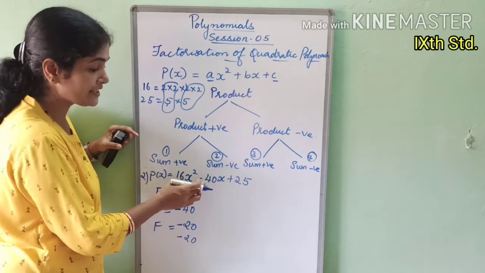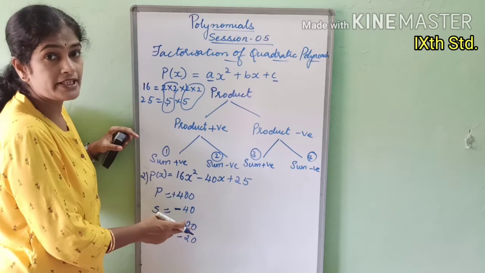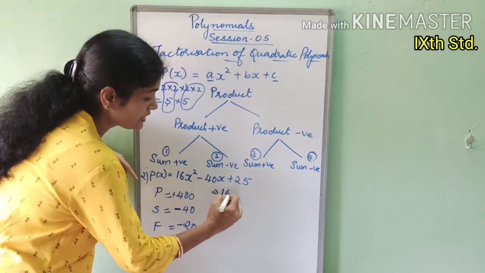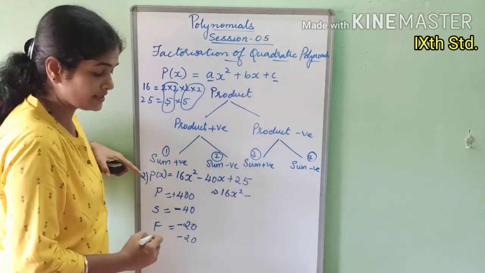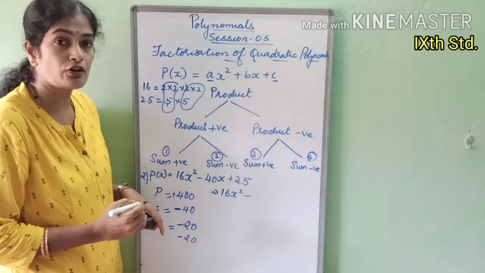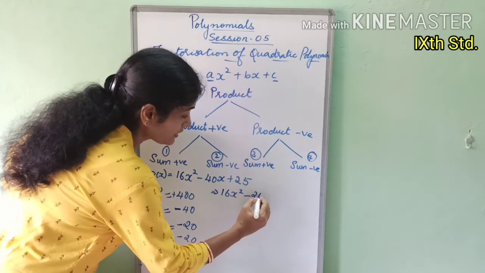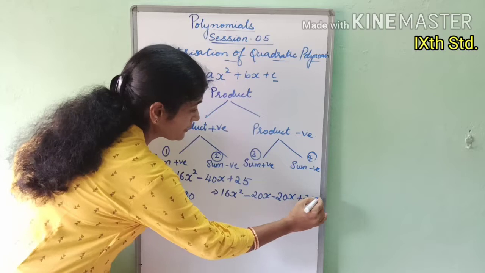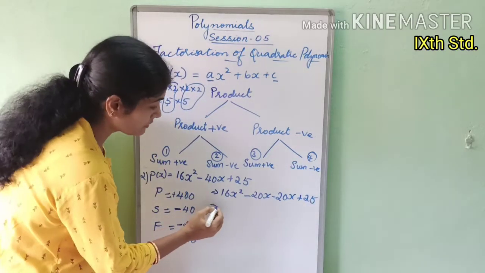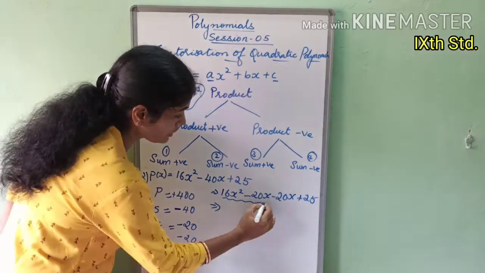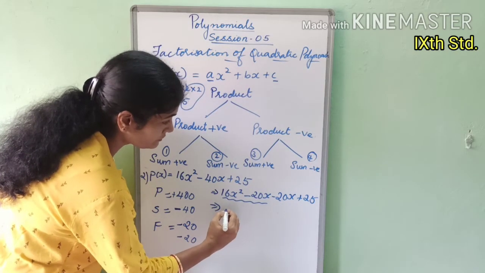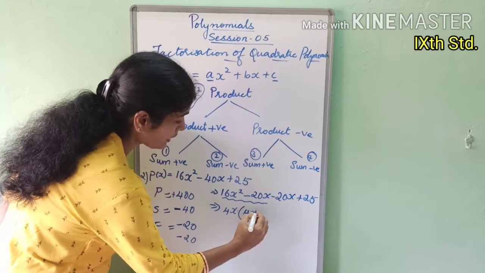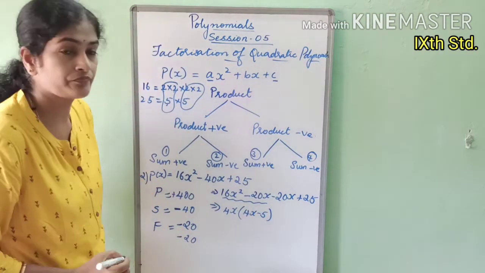So minus 40x, we can write it as minus 20x and minus 20x. So this will lead to 16x square minus 20x minus 20x plus 25. Okay, so again from this you can take the common factor. 4x you can take, right? So it is 4x minus 5, right?